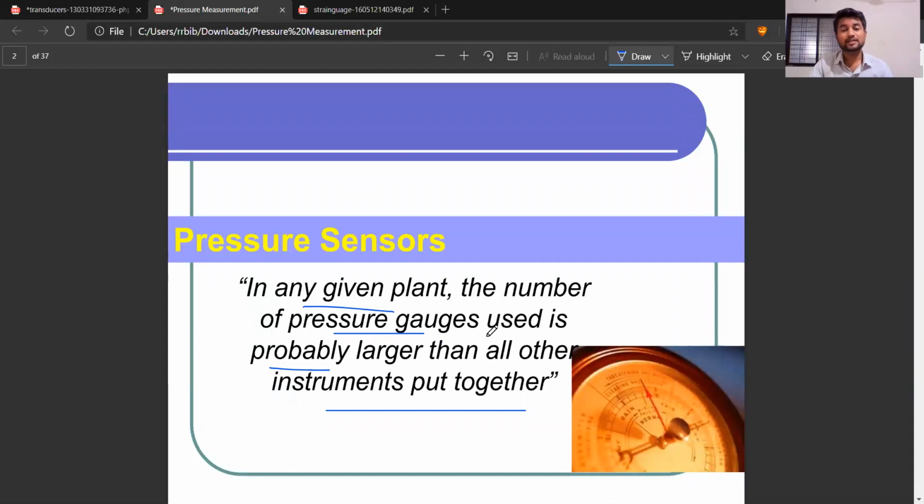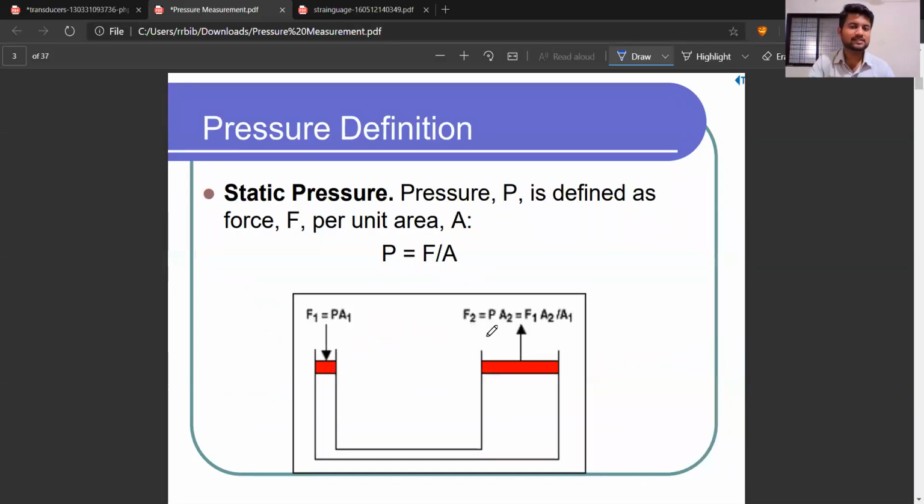That is the importance of pressure measurement sensors. Lots of pressure sensors are used in any plant or industry, because everywhere we need to measure pressure, such as gas pressure.